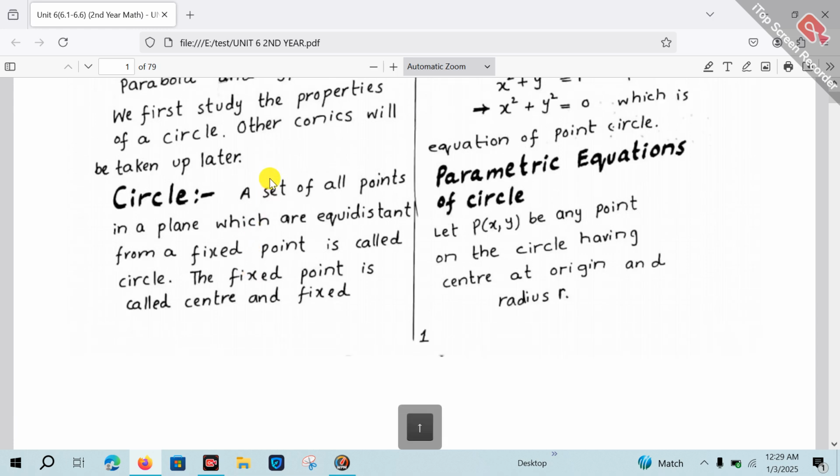So here if we have some points like that, we go around these points like that.